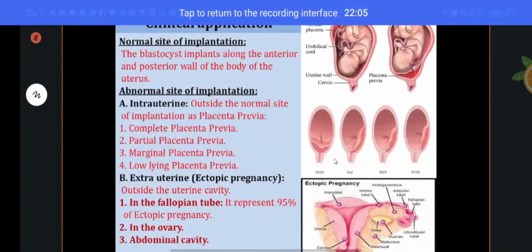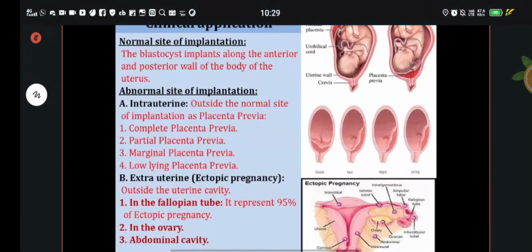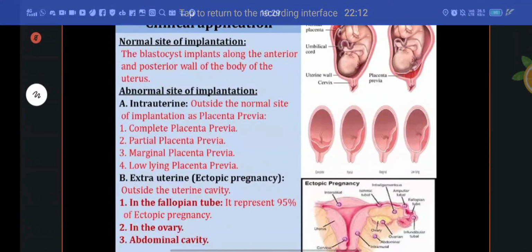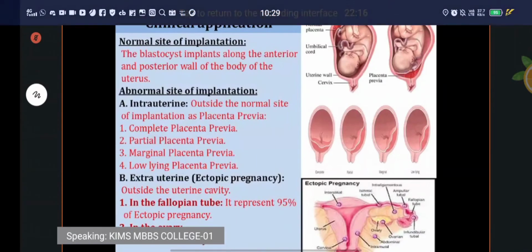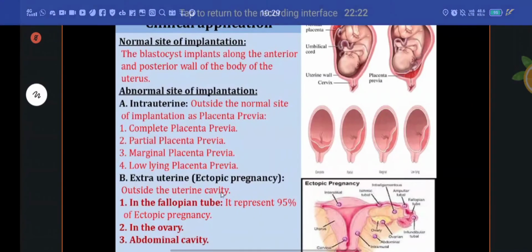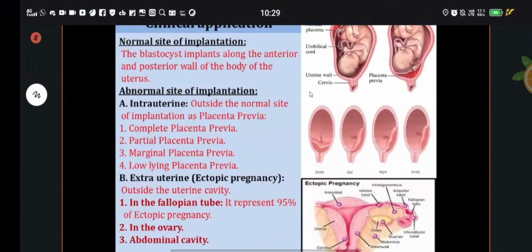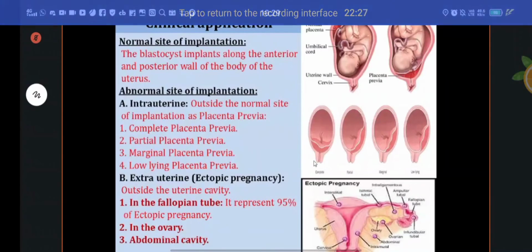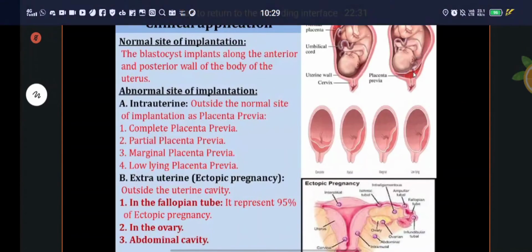Now, coming to the clinical application of this. The normal site of implantation, already you are aware of that, is the posterior most part of the fundus of the uterus. Sometimes we may see abnormal implantation of the placenta also, like a clinical condition called placenta previa.